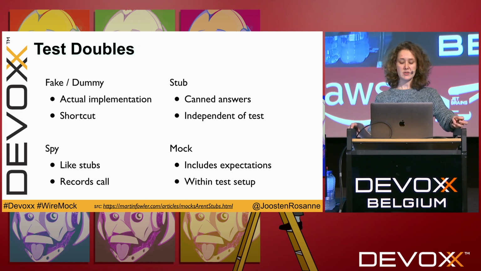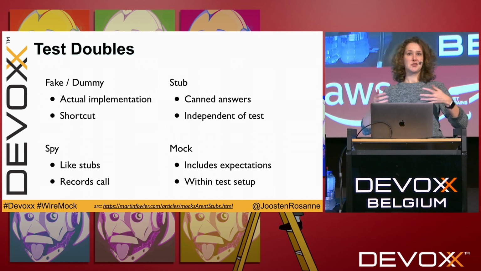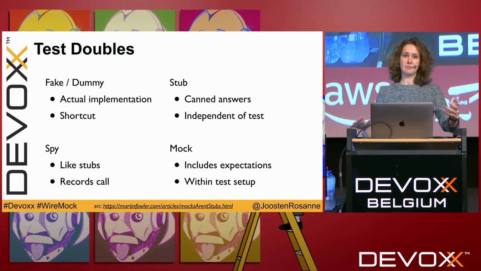And then at the top or bottom, depending on which way you're going, of the complexity of a test double is a mock. A mock also includes expectations, and that's why you often have to set it up within your test. And it has all the features mentioned above. So those are the definitions we're dealing with. And when we're dealing with Wiremock, we are working with a mock server, and we serve stubs or stub answers.